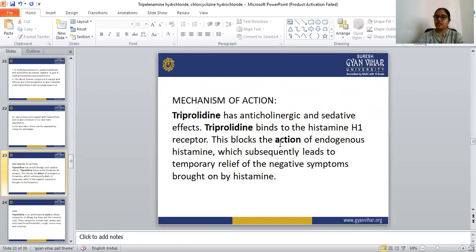Endogenous histamine means the histamine our body naturally produces. So this is the mechanism of action of triprolidine.